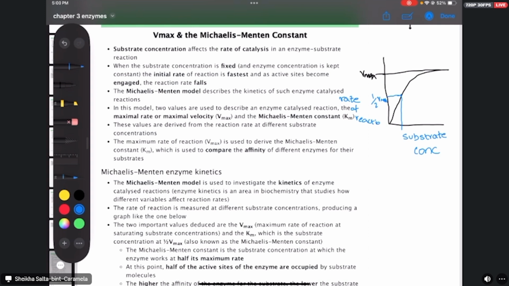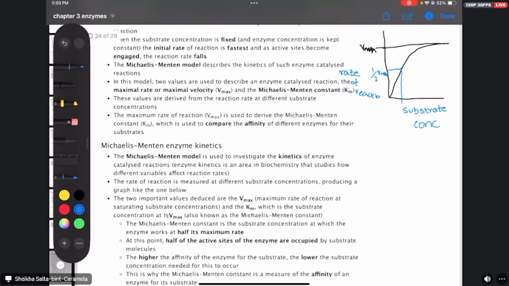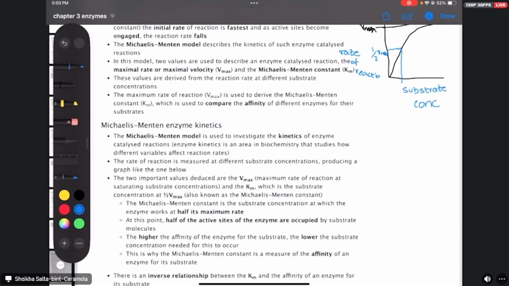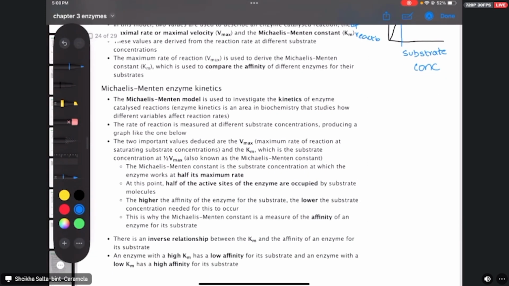The lower the substrate concentration, the higher the affinity of the enzyme. It's basically inversely proportional. So as I told you, the lower the substrate concentration, or the lower the value of Km, or Michaelis-Menten constant, the higher the affinity of the enzyme, and the quicker the reaction would be reached.